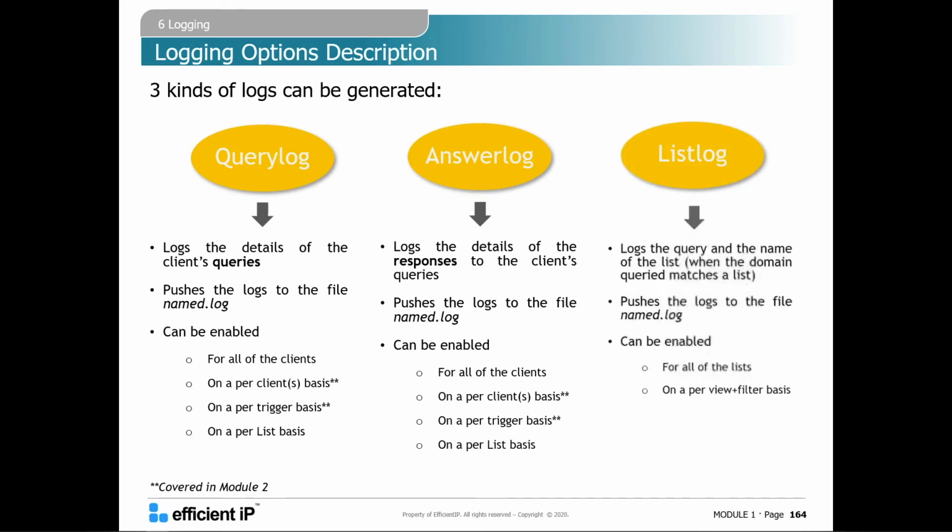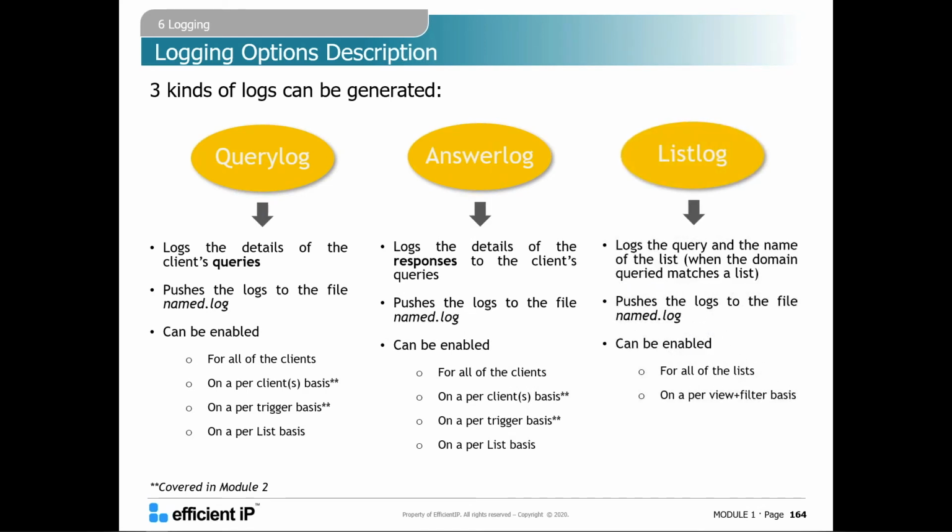But when you enable these logs, you have to be very careful because these logs will be written to the disk. When you have stuff being written to the disk, that is an additional performance impact. That's why we only enable this logging for troubleshooting purposes. In a production environment, we don't want to enable these logs.